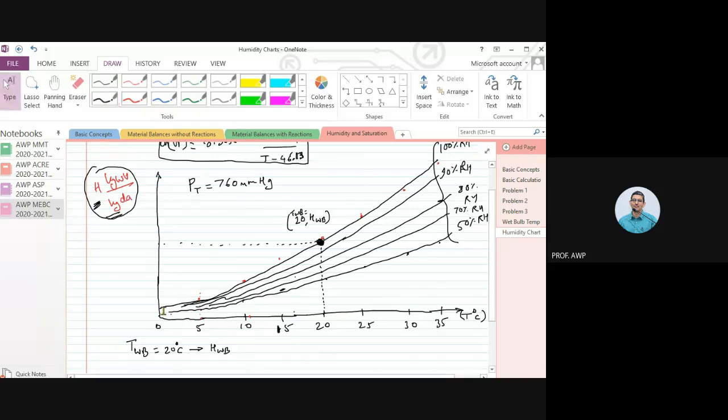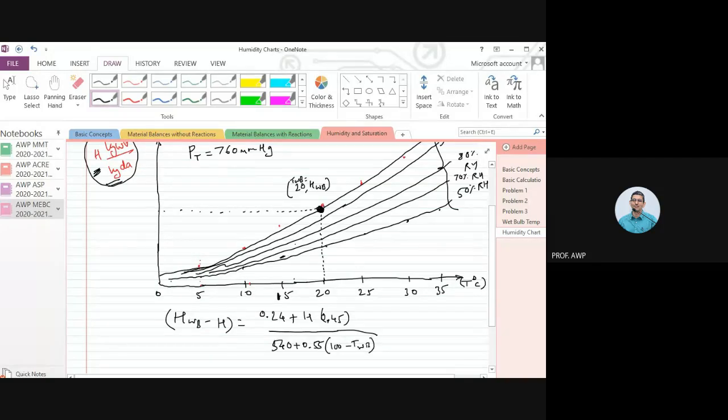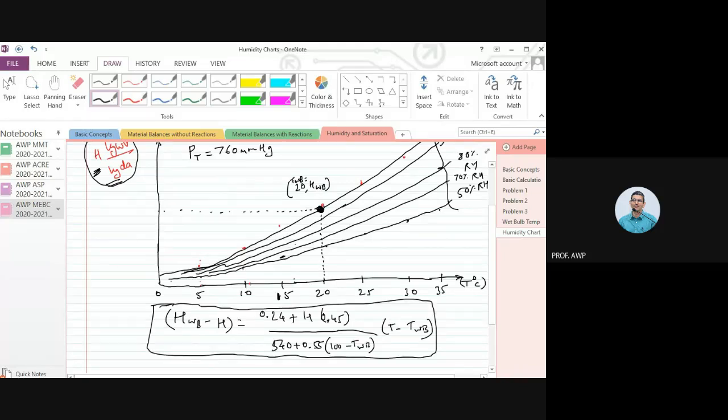Now, what is our equation for the wet bulb? HWB minus H is equal to (0.24 plus H times 0.45) divided by (540 plus 0.55 times (100 minus TWB)), multiplied by (T minus TWB). Suppose I want to plot this equation on this graph.